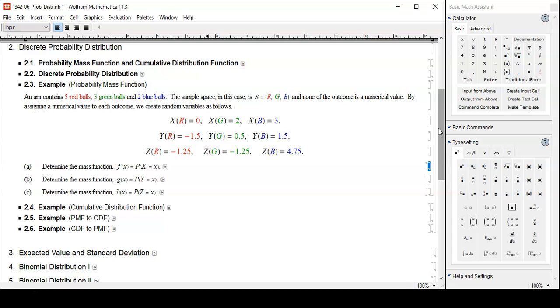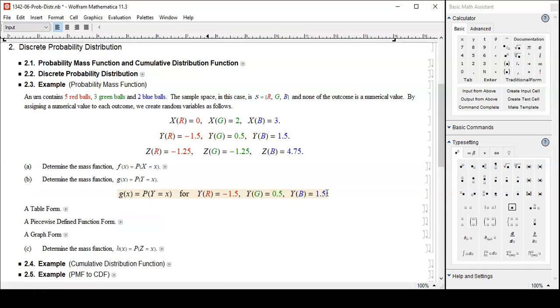Now, how about the other problems? Well, I'll give you some time to work on the second problem. It's going to be pretty much the same. 3 possible values, negative 1.5, 0.5, 1.5, otherwise, and then get appropriate probabilities associated to this model. RGB, 5/10, 3/10, 2/10.